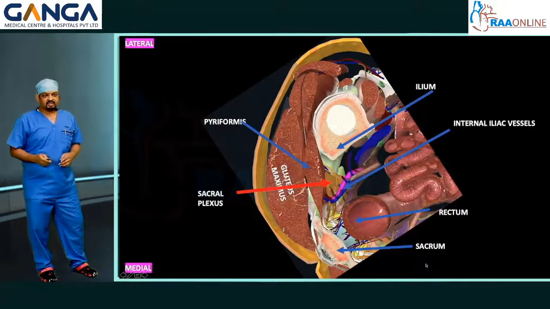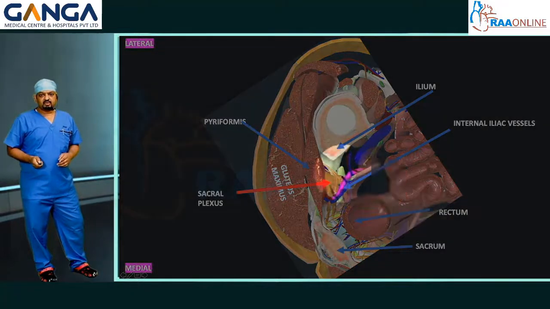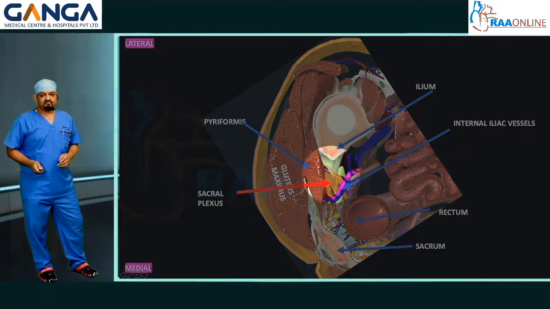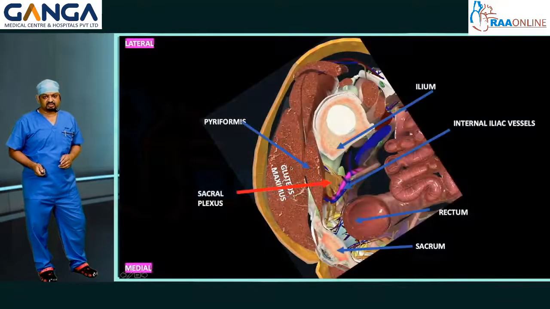As you see in this cross section of the pelvis, you can see the bony landmarks, sacrum and ilium. Then you see the sacral plexus coming out of the pelvis, going into the gluteal region under the piriformis muscle and the gluteus maximus muscles.